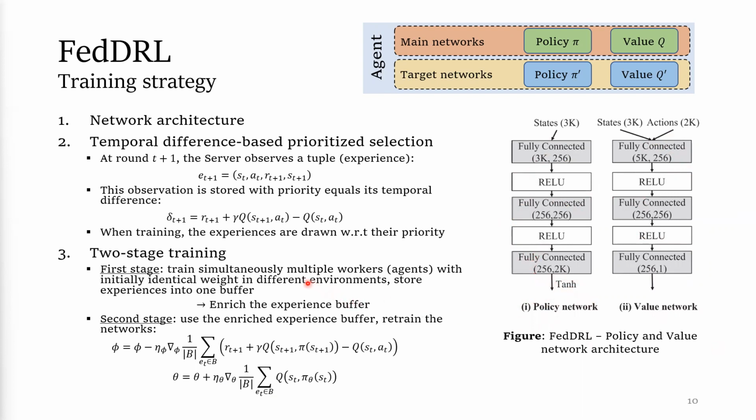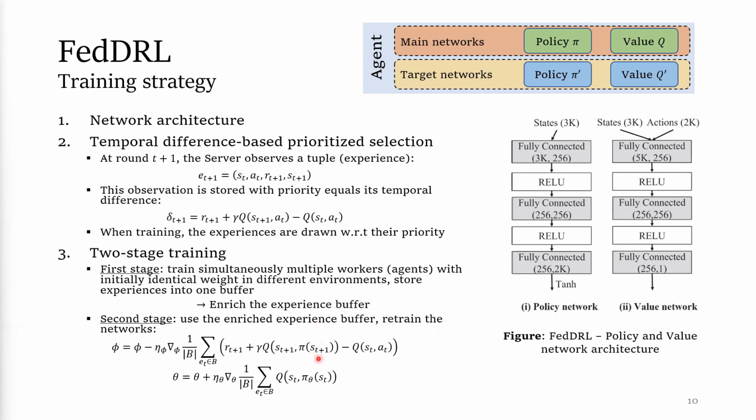For the training scheme, we use a parallel training process. In the first stage, we train with multiple workers at the same time with the same initial policy to ensure that the experience buffer is enriched enough for the second stage, where we use this experience buffer to retrain the network once again.